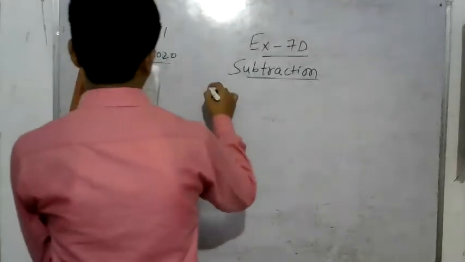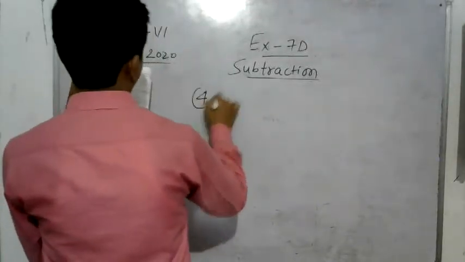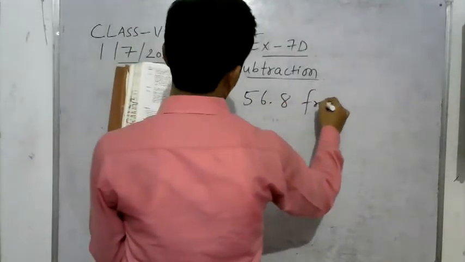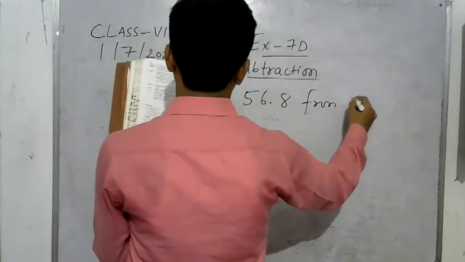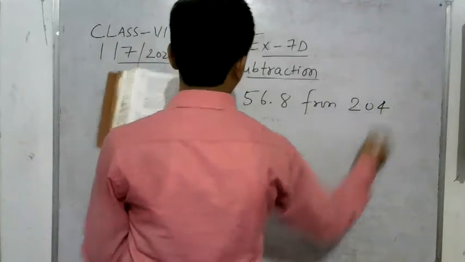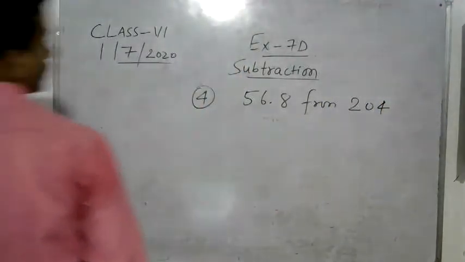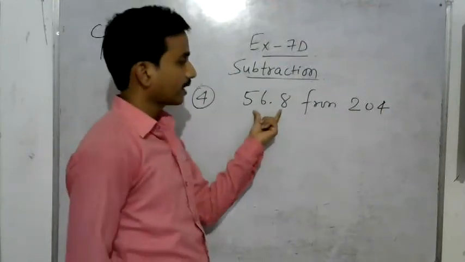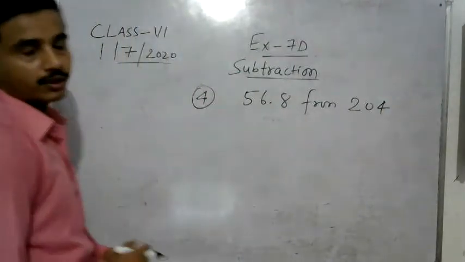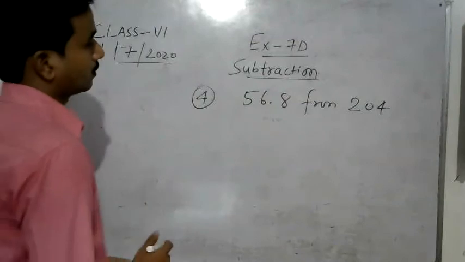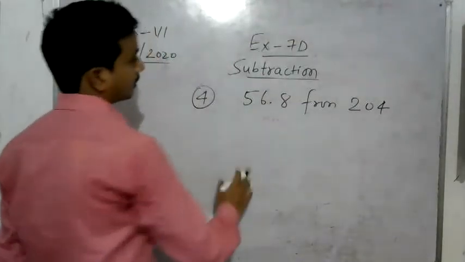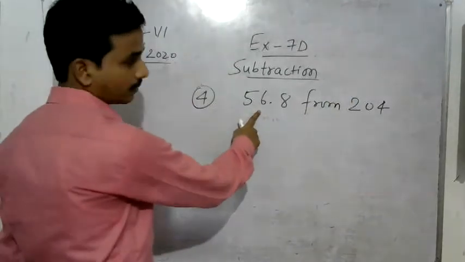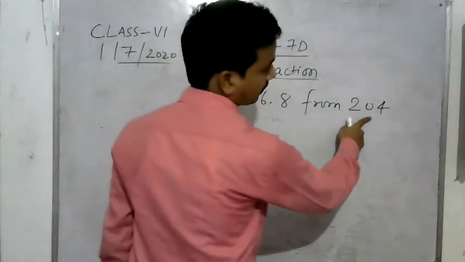See exercise 70, question number 4. Subtract 56.8 from 204. First of all, this is not a like decimal, because here is only one decimal place and here are 0 decimal places.